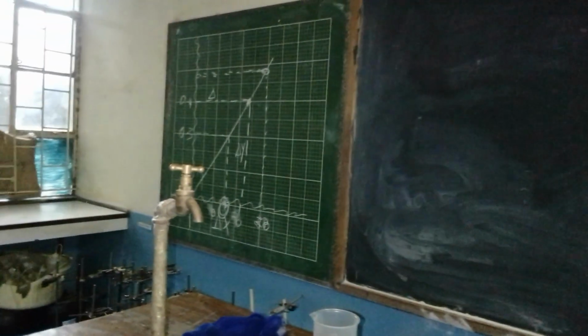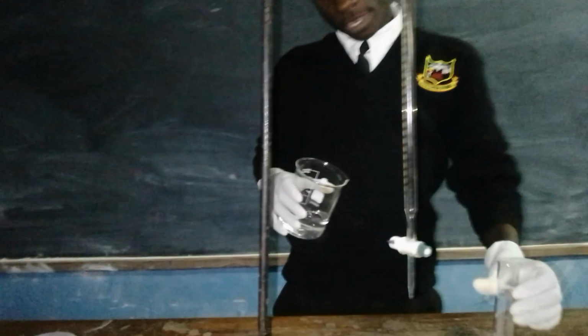The function of the filter funnel is that it is placed on the burette mouth or the burette brim so that it controls the solution from splashing outside. It makes sure that all the solution being poured into the burette completely goes into the burette, right?